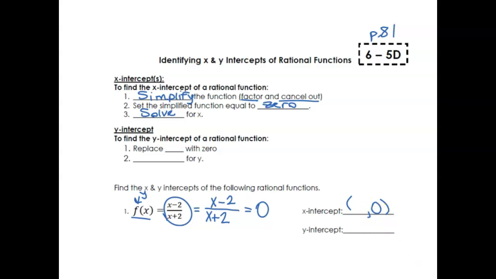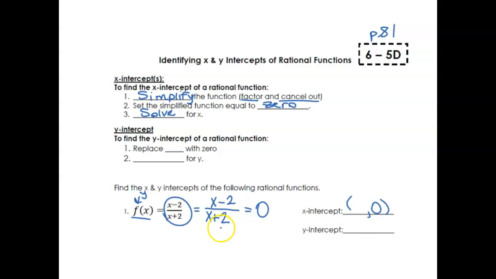So how do I solve a function like this when it's equal to 0? How do I solve for x? I can't set them individually equal to 0 because remember, denominators cannot equal 0. The world explodes. That's not okay. Can't divide by 0.